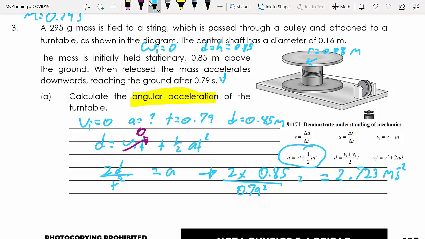And so if I'm looking for the angular acceleration, I'm going to use A equals R alpha, and therefore alpha is going to equal A divided by R, which is going to be 2.723 divided by the radius of 0.08, which is half of the 0.16. And that gives me an answer of 34 radians per second squared, which is pretty fast, but that is the correct answer.